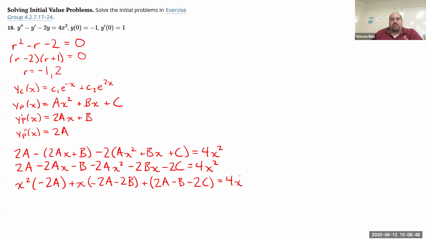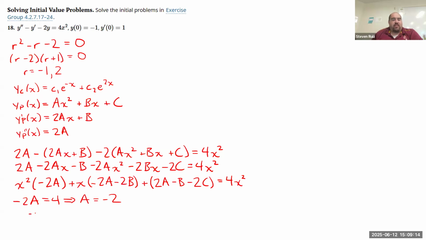So all the coefficients of x squared, x, and constant should equal the coefficients of those corresponding things on the right, which means I should be able to get a for free. So negative 2a should equal 4. That means that a should be negative 2. What else does that allow me to do? So what's my coefficient of x?